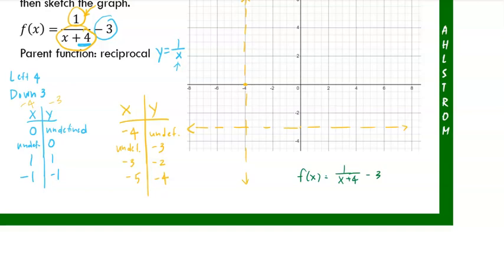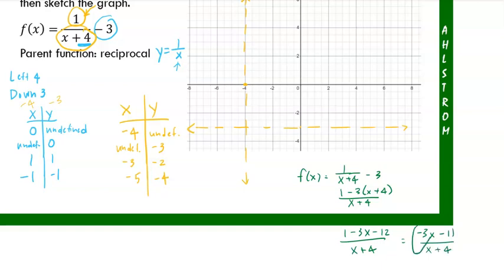So if I make this a common denominator of x plus 4, it's going to be 1 and then -3 times x plus 4. And this is going to be a 1 minus 3x and a -12 over x plus 4, which tells us it's -3x and a -11 over x plus 4.